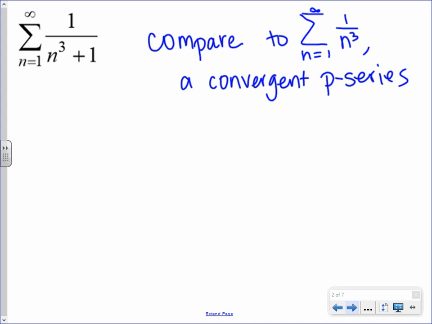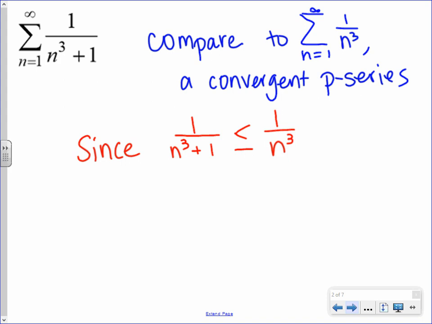Now, which way should the inequality face? The alligator should be eating which one? To the right? Okay? We know for a fact that this sequence right here, the denominator is always bigger in this one, which means the fraction is always smaller.